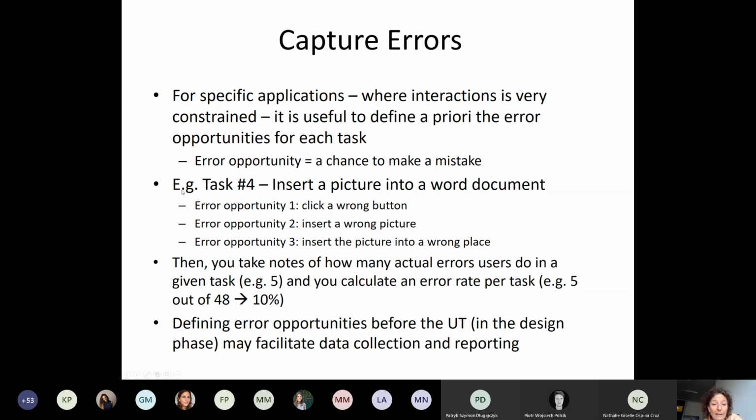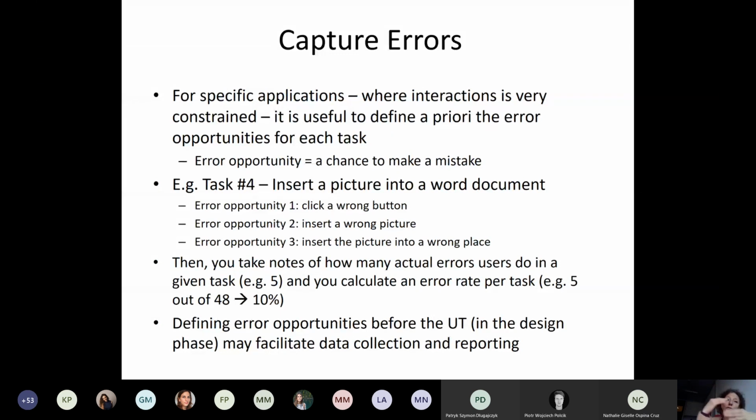For example, in a more general context, using Word: insert a picture into a Word document. That is a task. The errors could be clicking the wrong button, inserting the wrong picture, or placing the picture in the wrong place. You have to define the general errors that you want to report.